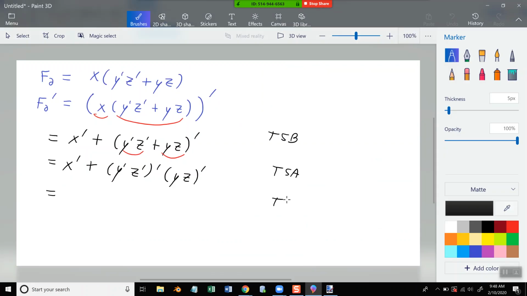Just almost seems like I'm going in circles here. So I flip each one of these and put a plus between them. So it'd be y plus z. But there's multiplication here and still here. And this one would be y prime plus z prime.